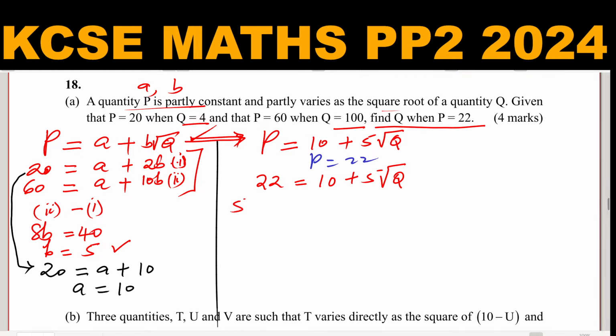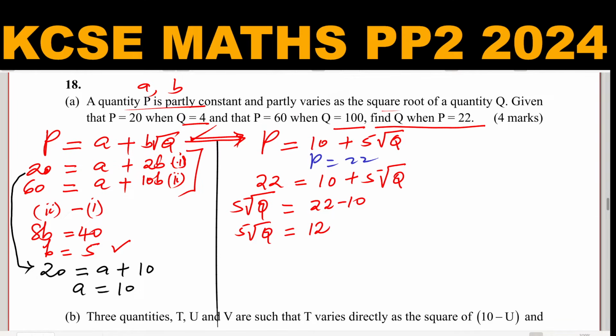I want to remove everything from the right hand side and remain with Q. So 5 root Q is equal to 22 minus 10. So this will be 5 root Q is equal to 12.